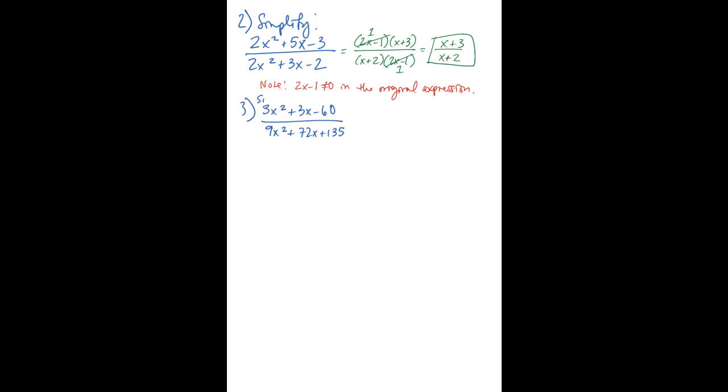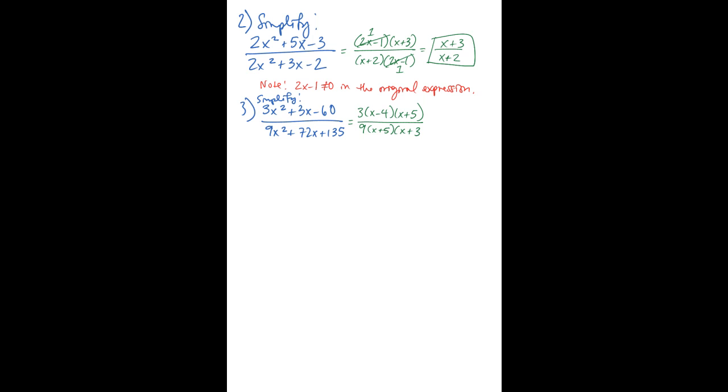Also, we want to simplify this. Well, if we factor it out, we get 3 times x minus 4 times x plus 5. We need to factor the greatest common factor, and then factor the polynomial that remains in order to get that. At the bottom, we get 9 times x plus 5 times x plus 3.